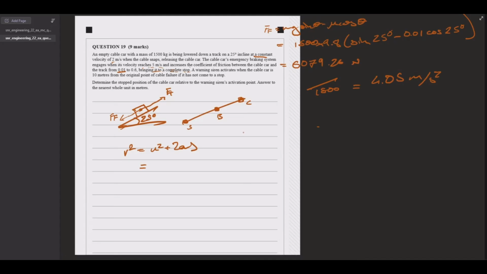So final velocity 5 squared minus initial velocity of 2 squared over 2 times the acceleration 4.05, and that is 2.59 meters.